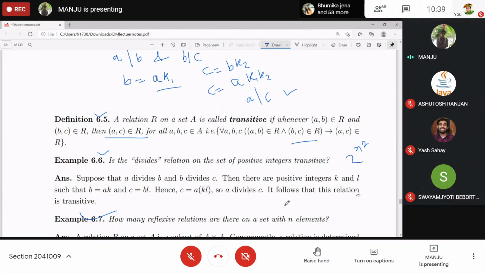So these n ordered pairs will be there for reflexivity. And how many total elements are in A cross A? That is n square, no? So out of n square, n are fixed because we want the relation to be reflexive.